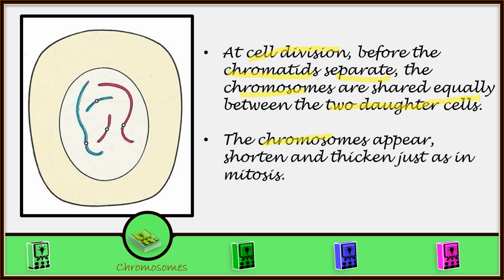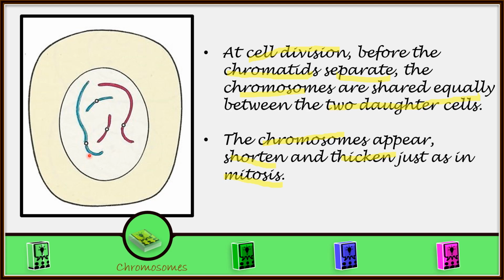The chromosomes appear shortened and thickened as in mitosis. So now here we are going to form the gametes. In the first stage, when we are undergoing meiosis, the chromosomes are going to become short.